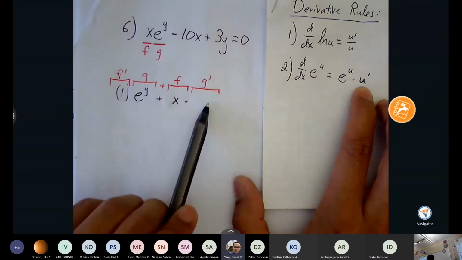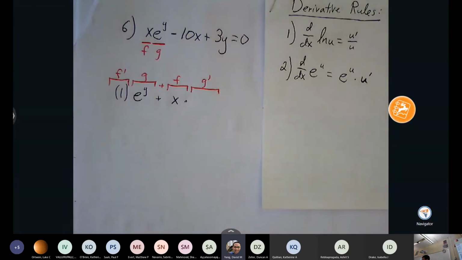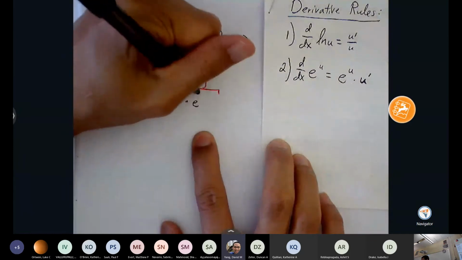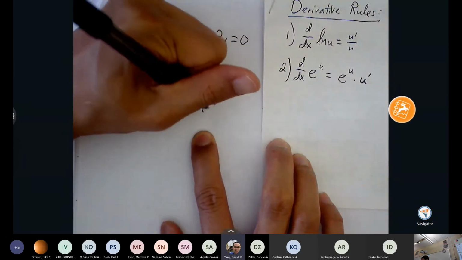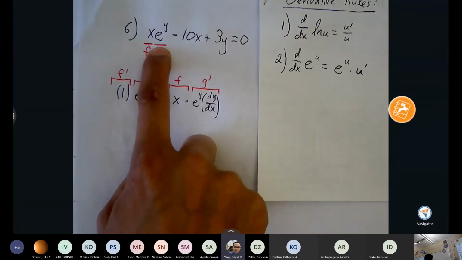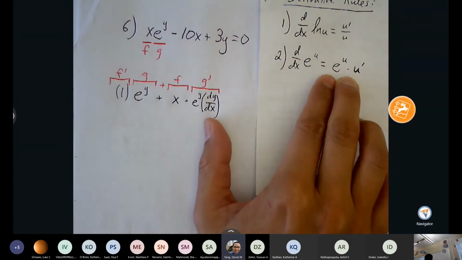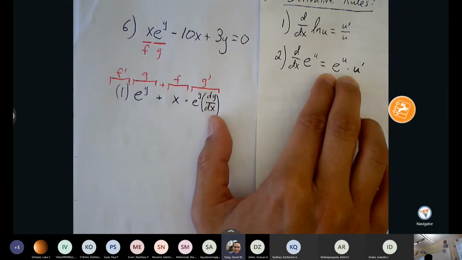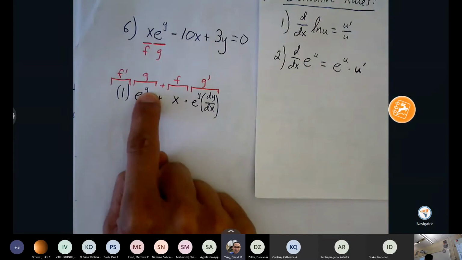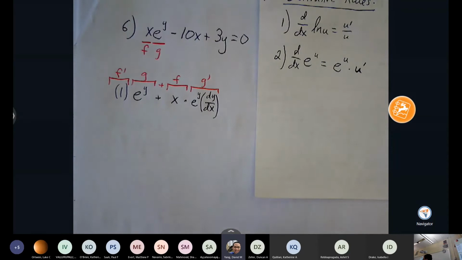E to the y times y prime, and we call y prime dy dx, just to make it more expressive. Let me pause for a moment. Are we okay with jumping to this conclusion? E to the y turns into e to the y times dy dx. We're just applying this rule, and we're also involving the fact that y has its own special derivative process. It's going to have its own dy dx. Why do we not have dy dx here? Good, we're not taking the derivative. Only when they ask for the derivative do we have to involve dy dx. We don't just apply dy dx whenever we see y's.